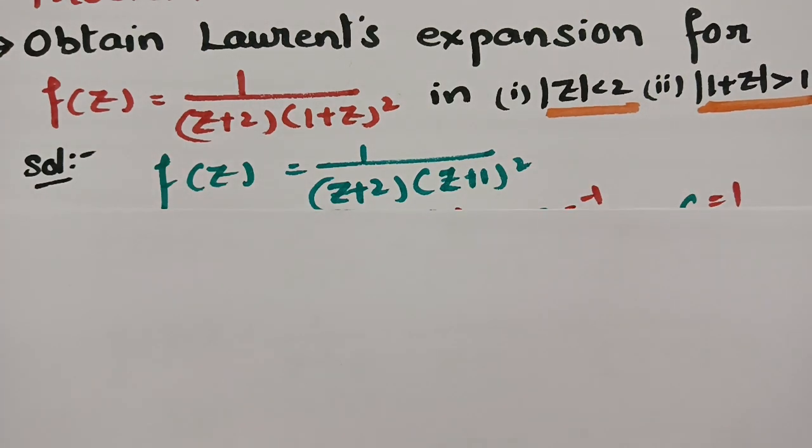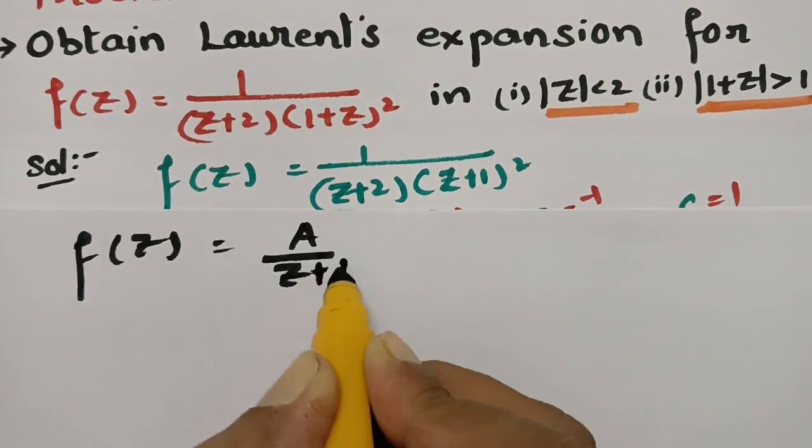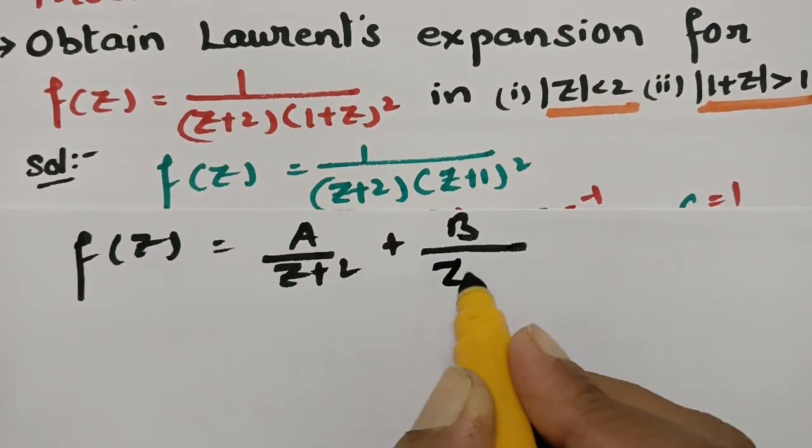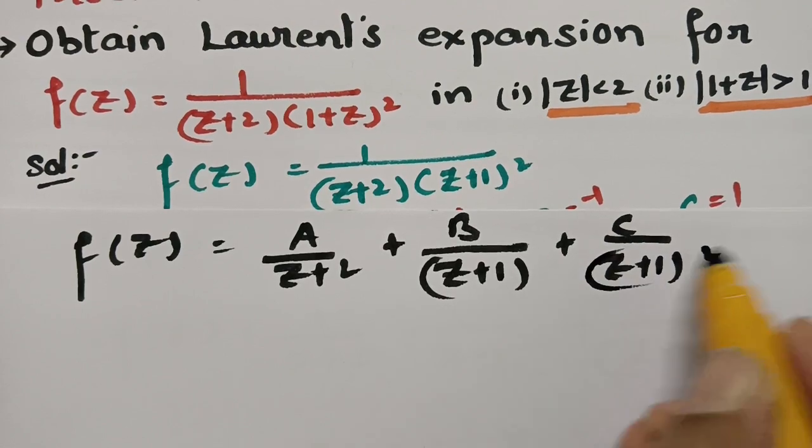So clearly our f of z can be written as a by z plus 2, plus b times 1 by z plus 1, plus c times 1 by z plus 1 whole square.